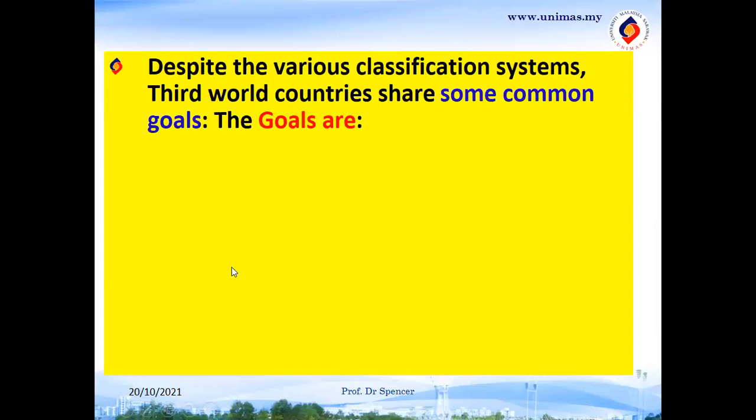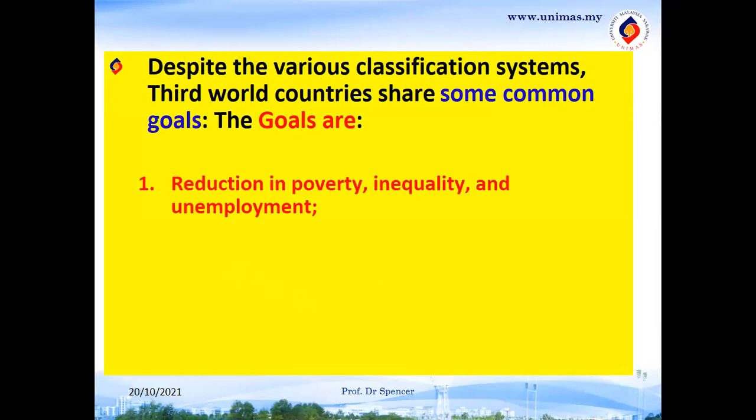Okay, so despite the various classification systems, the third world countries do share some common goals, ataupun matlamat yang sama. Number one, the goal is to reduce poverty, reduce inequality, and reduce unemployment. Every one of these countries is trying to achieve this goal.